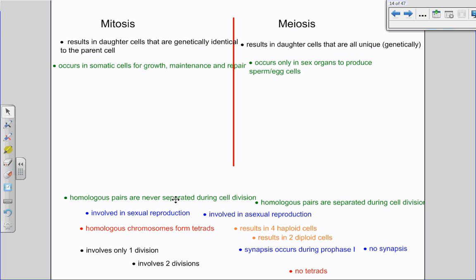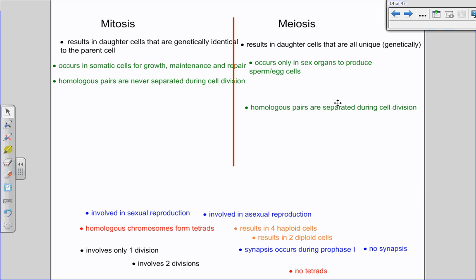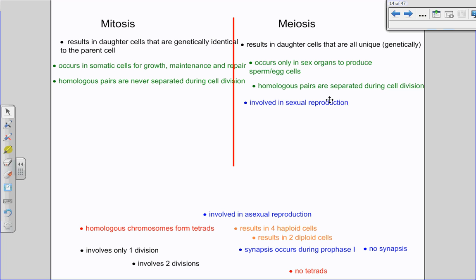Homologous pairs are never separated during cell division. That would be in mitosis. Homologous pairs are separated would be meiosis. Involved in sexual reproduction, meiosis. Involved in asexual would be mitosis. Homologous chromosomes form tetrads.